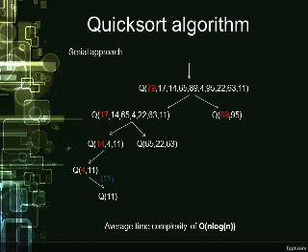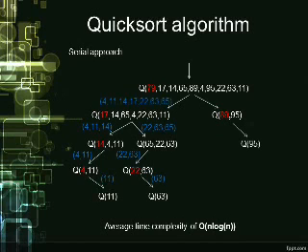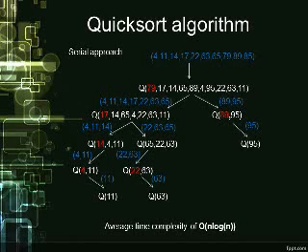When the length of an array is 0 or 1, it returns itself. The final result will be the array which is the combination of the left array, pivot, and right array. The average complexity of this algorithm in the serial approach is O(n log n).